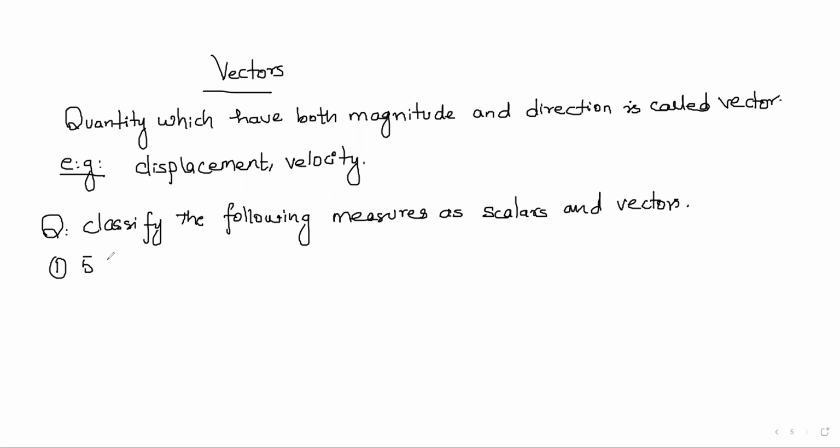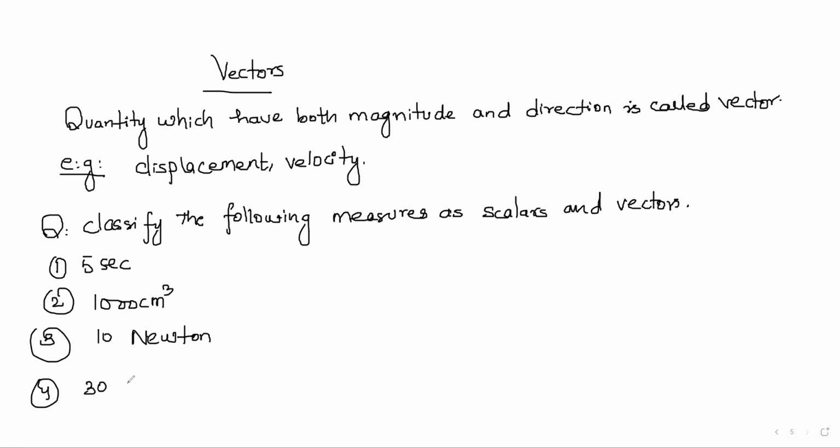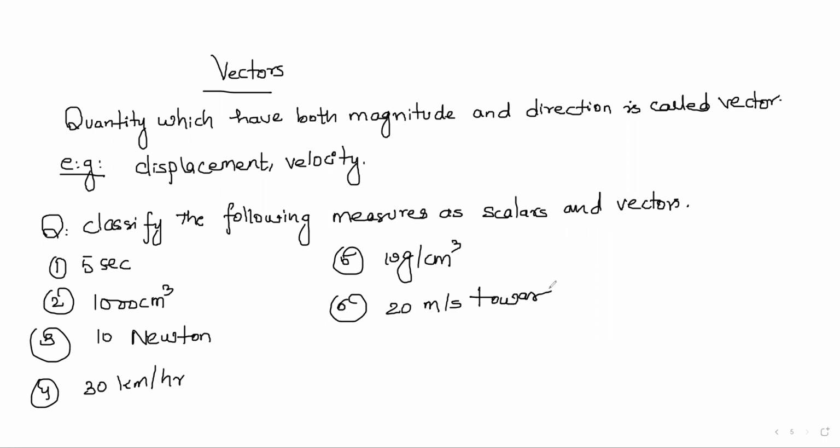First is 5 seconds, second is 100 centimeter cube. You need to classify whether this is a vector or scalar. Third, 10 Newton, you know force unit is Newton. Fourth is 30 kilometer per hour. Fifth is 10 gram per centimeter cube. And sixth is 20 meter per second towards north.